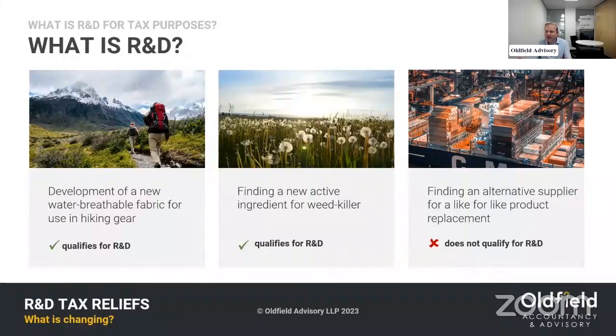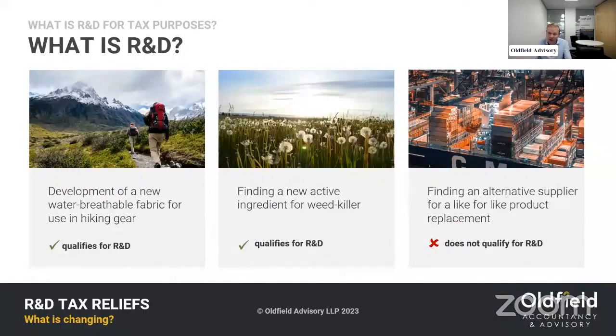The third example we've got here: finding an alternative supplier for a like-for-like product replacement. And this is something that a lot of our clients are doing. You're searching around for alternative suppliers, trying to strengthen up your supply chains. You think back to those three ingredients of R&D.